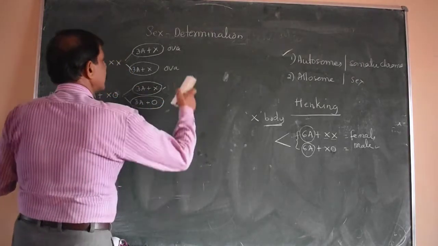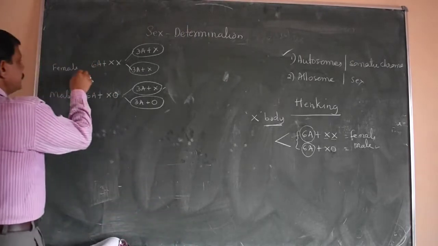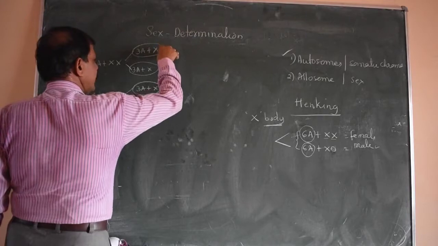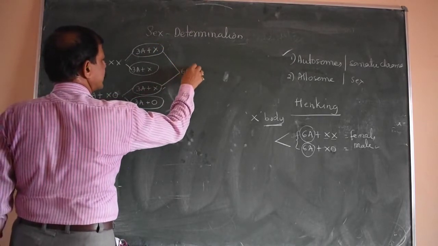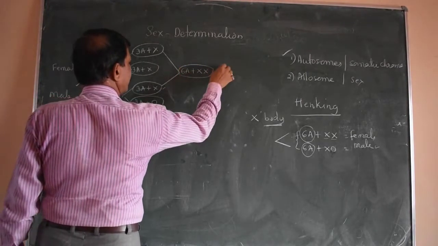So during fertilization, if this ovum is united with this one, the resulting individual is 6A plus XX, and the organism will be female.